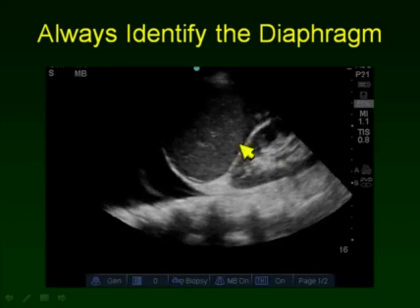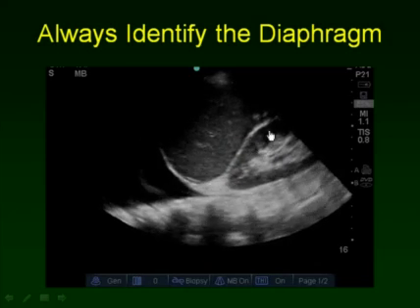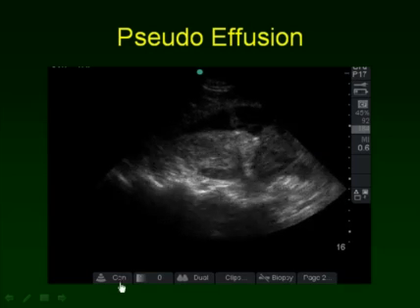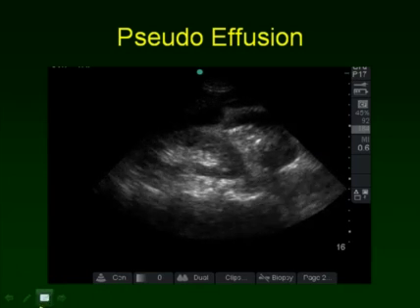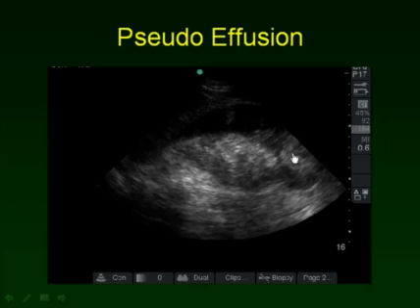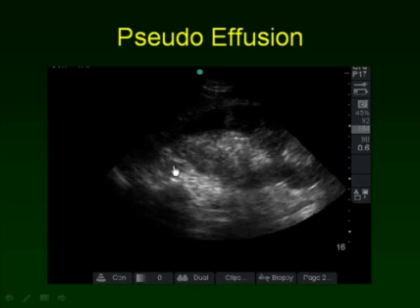But in supervising an inexperienced scanner, sometimes it's not so clear. For example, we start our scan here. And someone might think that this is an echo-free space, and this is sort of like maybe lung and diaphragm down here, set up for the procedure.